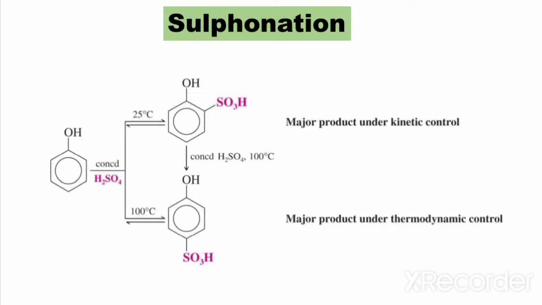The other is the sulfonation reaction, in which sulfuric acid is added. We will see what happens when phenol reacts with a concentrated amount of sulfuric acid at a certain temperature. If we provide 25 degrees Celsius, which is room temperature, it converts into the major product under kinetic control.